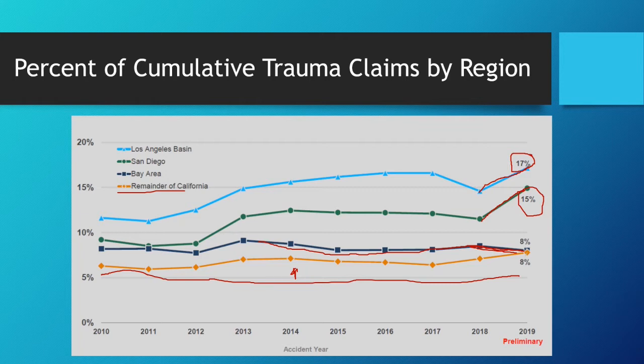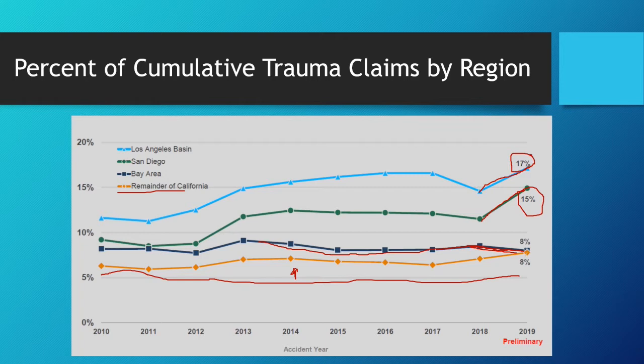Now, while only 17% of all claims filed in these regions may involve an allegation of cumulative trauma injury, a little bit less than 1 in 5, it's these particular claims that have a great tendency to be denied by the claims administrator as suspicious claims, as red flag claims. These are the types of claims likely to be denied for which an evaluation from you is going to be required.